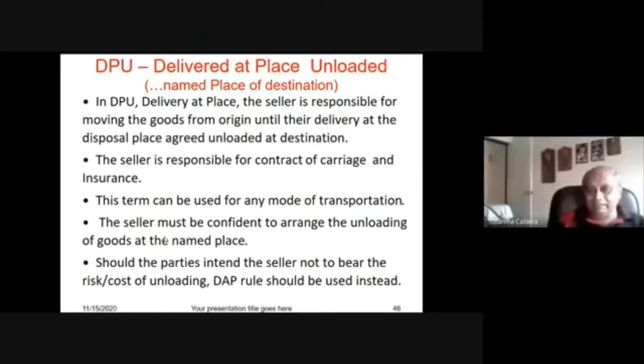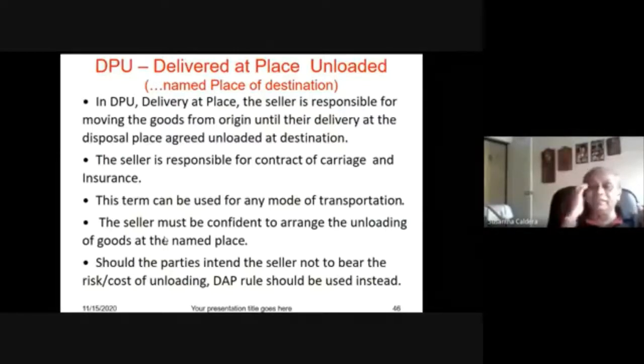In containers, in lorries. Going through two or three countries, they reach Germany and they have to unload the goods. Laborers cannot be taken from Kazakhstan for unloading. They have to find laborers from Germany. So they have to arrange it. So the seller must be confident to arrange the unloading of goods at the named place.